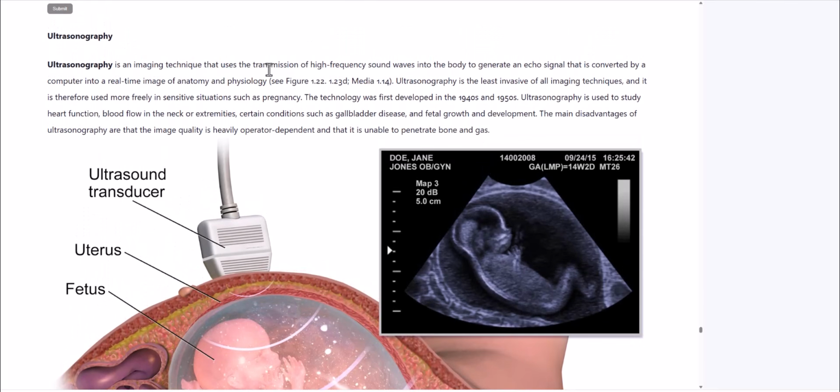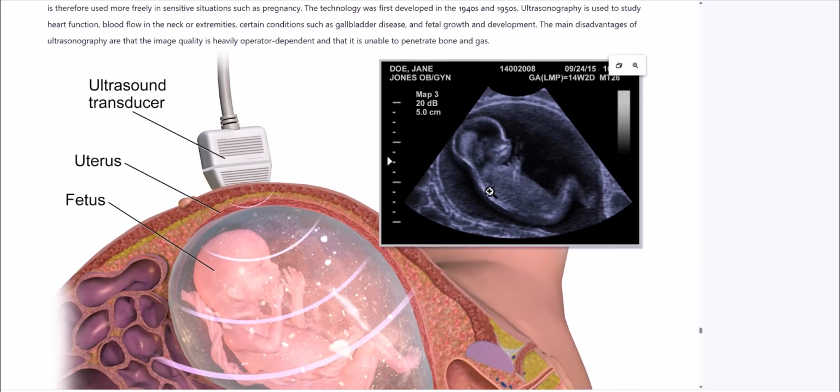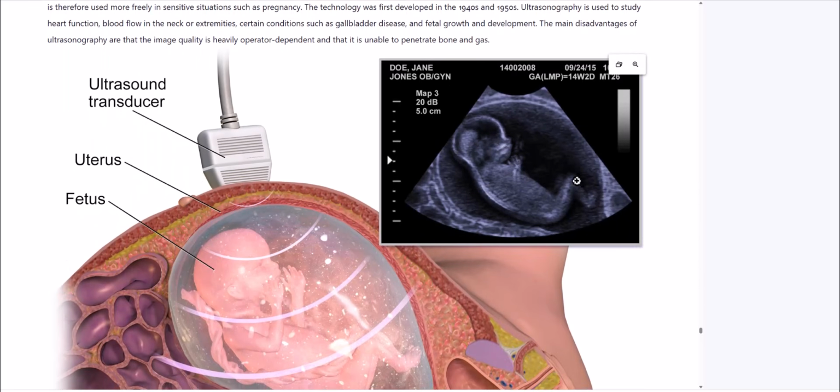Ultrasound is an amazing technique in that we're using sound waves, right? We're using the same technology that the Navy uses to look for sunken ships on the bottom of the ocean. And the great thing about it is that ultrasound is going to give us beautiful images.